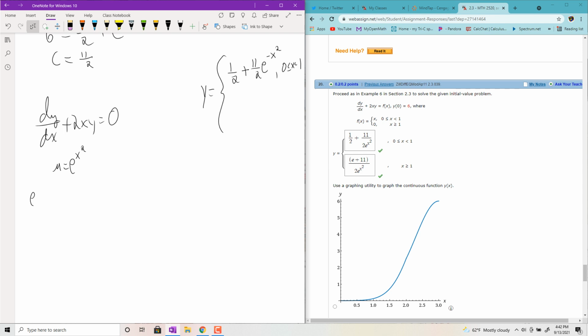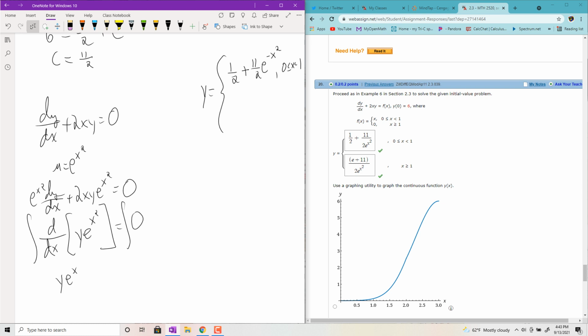Multiply through, you get e to the x squared dy over dx plus 2xy e to the x squared equals 0. Collapse that left-hand side. Then you're integrating both sides. The integral of 0 is just a constant c, divide.